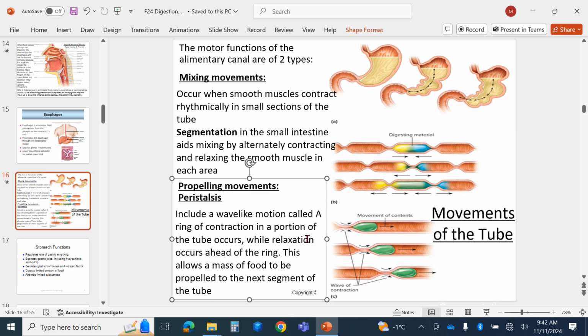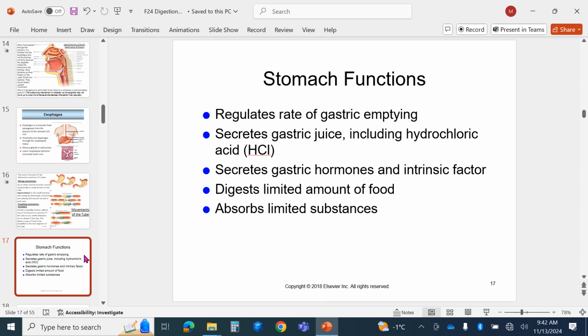And this is the whole idea of moving food through the tube. Wave-like motions allow the food to propel through. Stomach functions: it regulates the rate of gastric emptying and secretes gastric juice, including hydrochloric acid. Very dangerous acid. If you had this on your tabletop, it would burn right through it.